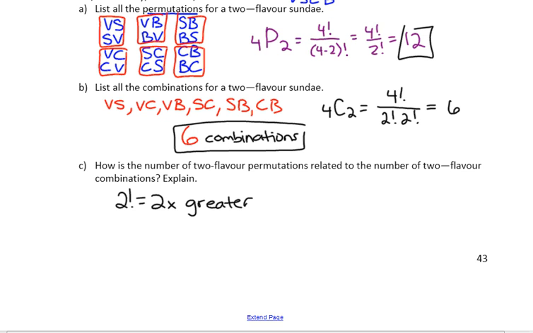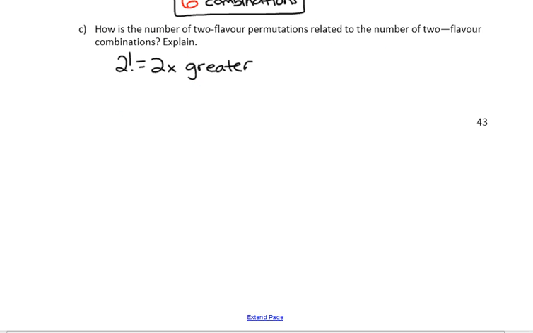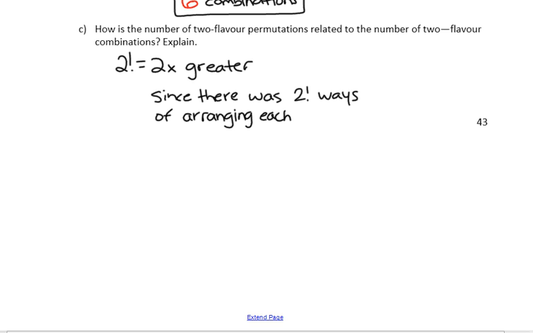Because there were 2 factorial ways of arranging the subsets, because we had 2 letters for choosing 2. Since there's 2 factorial ways of arranging each group, there were 2 factorial ways of arranging each group of 2 chosen.